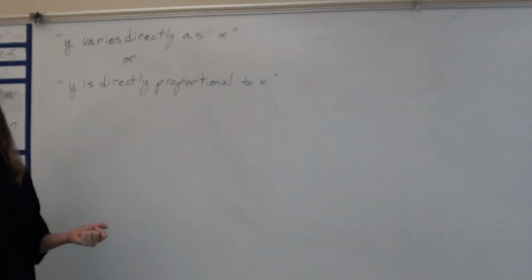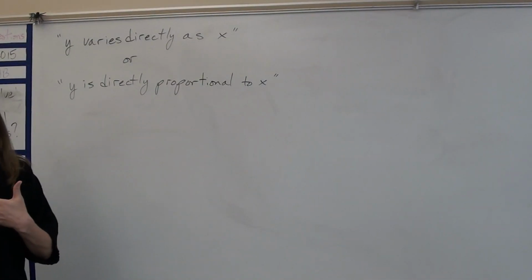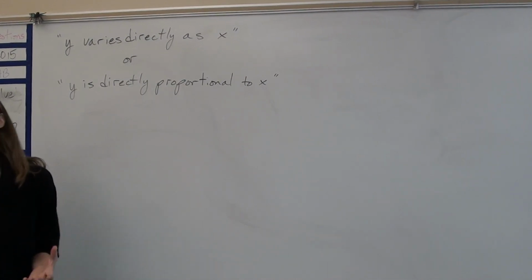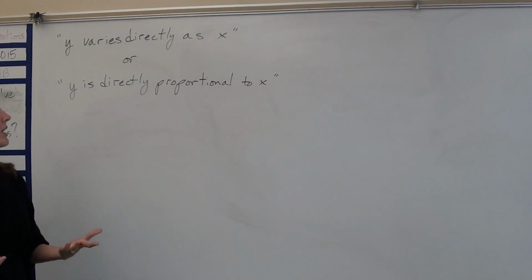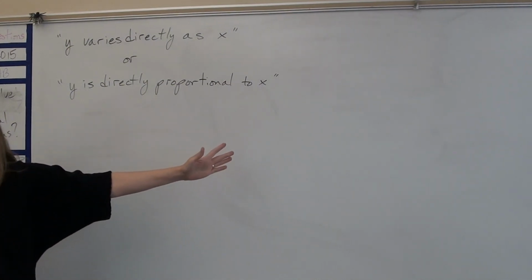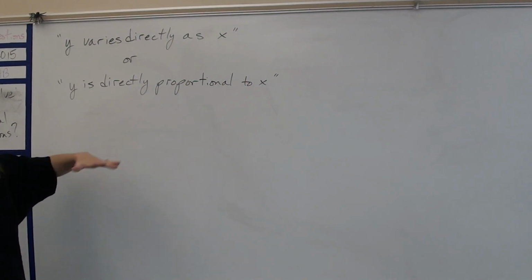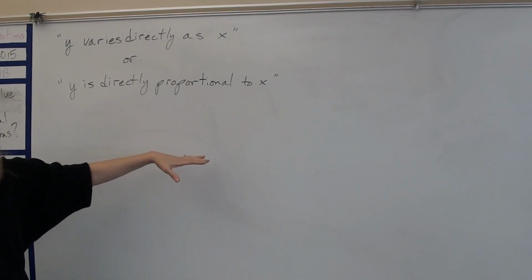And if you see the expression y varies directly as x, or something varies directly as something, that's a different way of saying those two things are proportional. So this and this are two different ways to express the exact same concept.